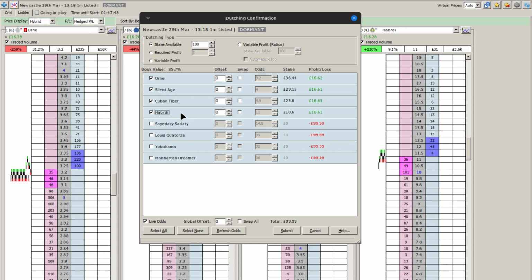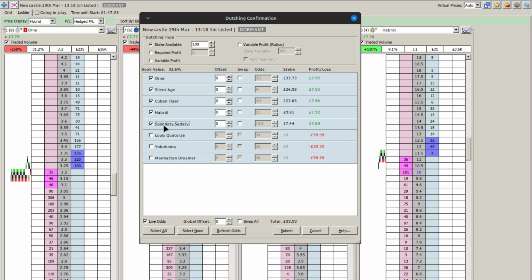So when you're Dutching, and I've said before, I wouldn't want to put more than 4 runners in a Dutch if I'm going to be trading out in running. And even then, 4 runners is marginal. If you are going to put more than 4 runners, I would just leave it as a bet.